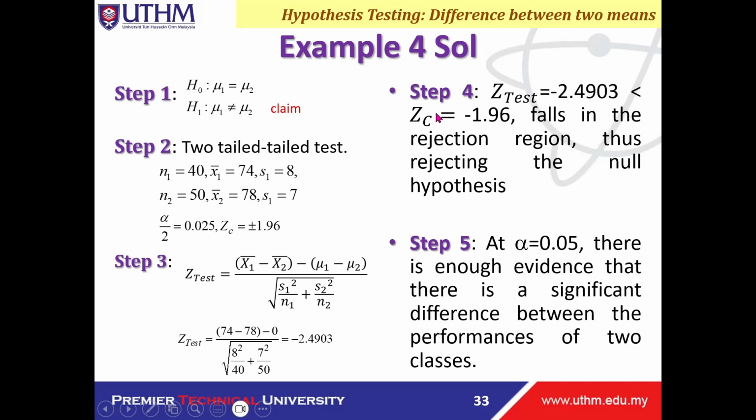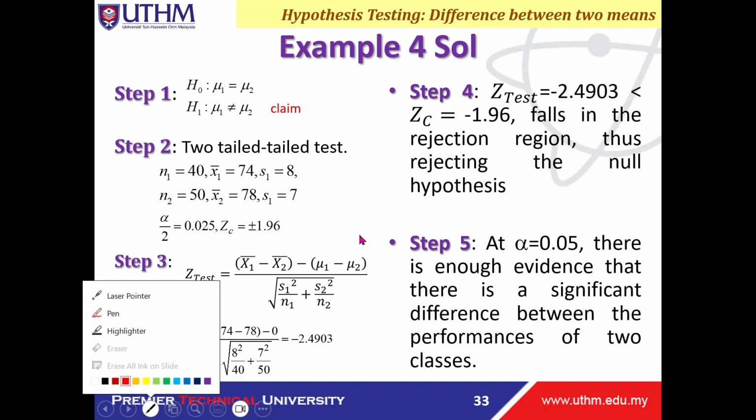Step 4, the decision rule: since the z test of negative 2.4903 is less than the z critical of negative 1.96, it falls in the rejection region. Thus we reject the null hypothesis.